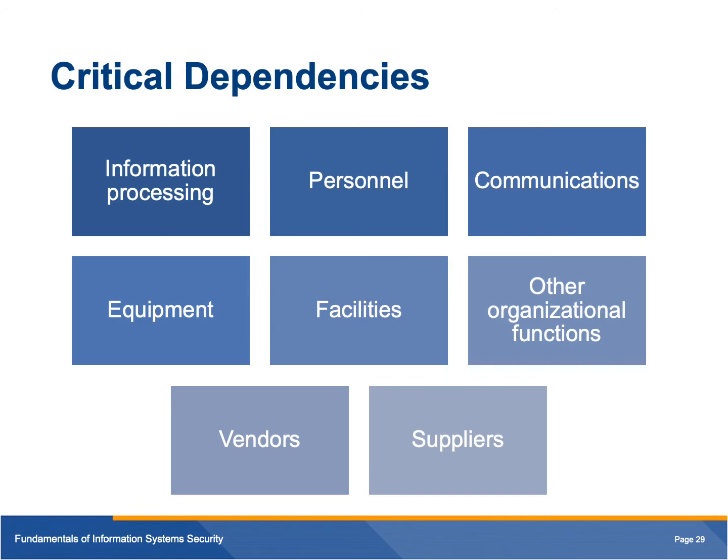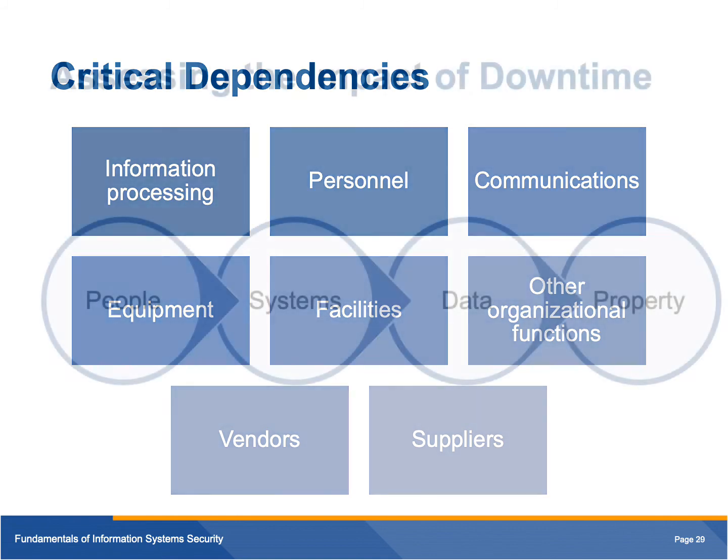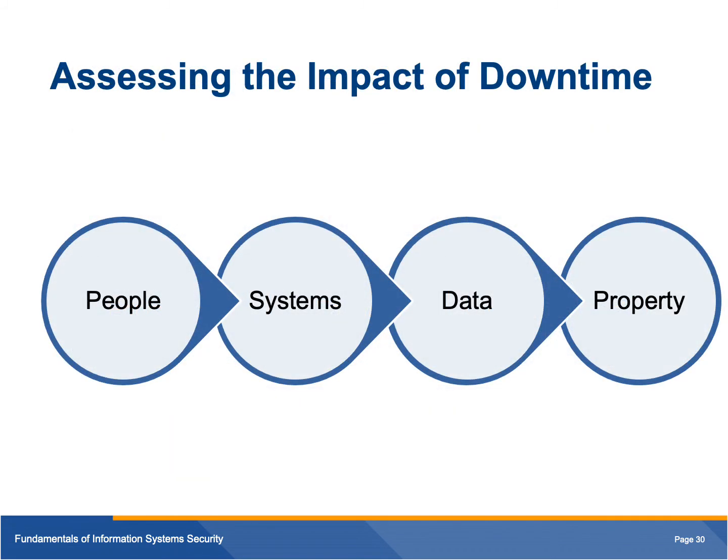There are many different critical dependencies that we have to look at: our information processing capabilities, the personnel, the communication aspects, the equipment, the facilities, all the other functions that relate to it, as well as the relationships we're going to need to establish with our vendors and suppliers.